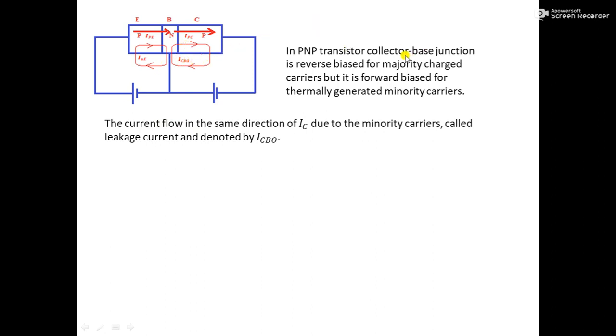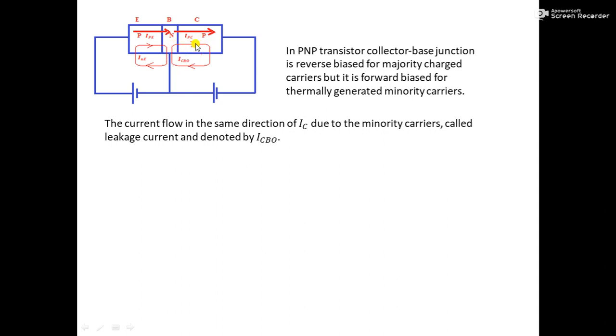In a PNP transistor, the collector base junction is reverse biased for majority charge carriers, but it is forward biased for the thermally generated minority carriers. That means this collector base junction is reverse biased for the majority carriers, but the minority carriers, here electrons and here holes, move in this direction, which contributes a current ICBO.